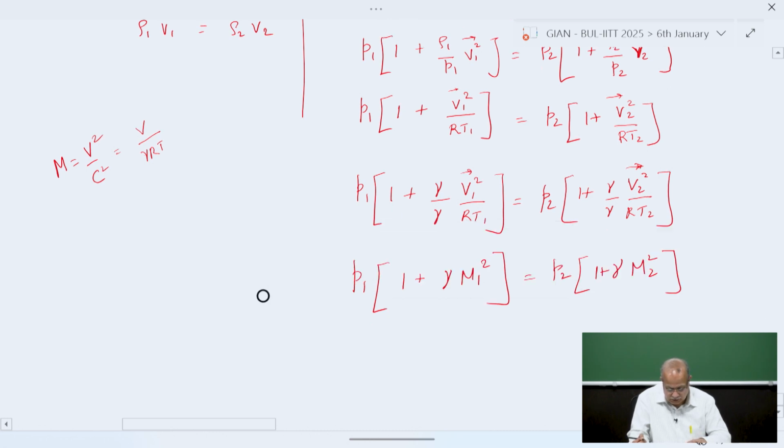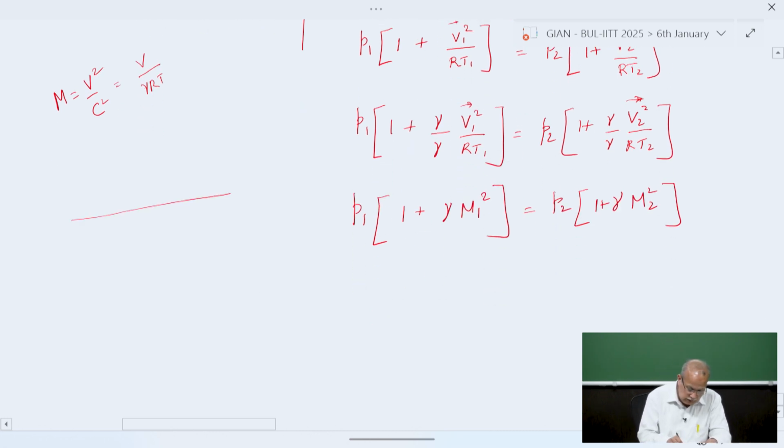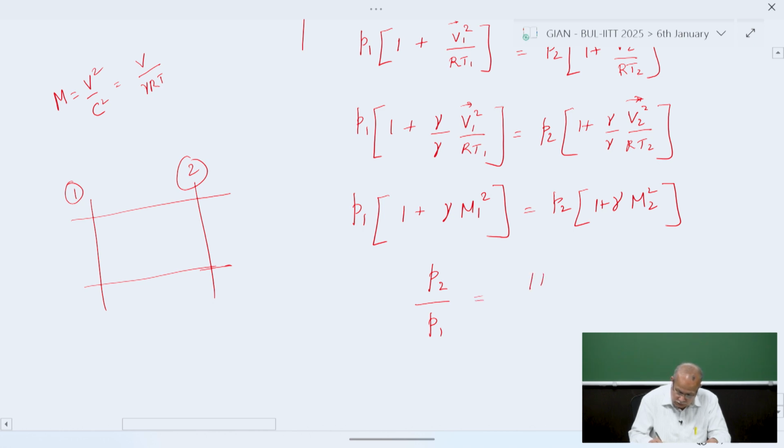So now you can see that when you have a combustor going from 1 to 2, I can write the ratio P2 by P1, according to the Rayleigh theory, as 1 plus gamma M1 square divided by 1 plus gamma M2 square.